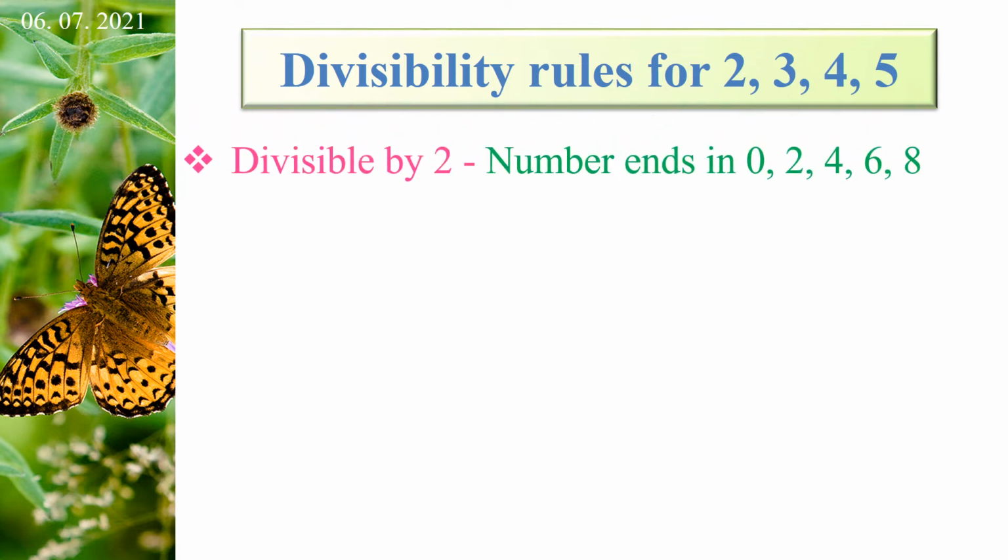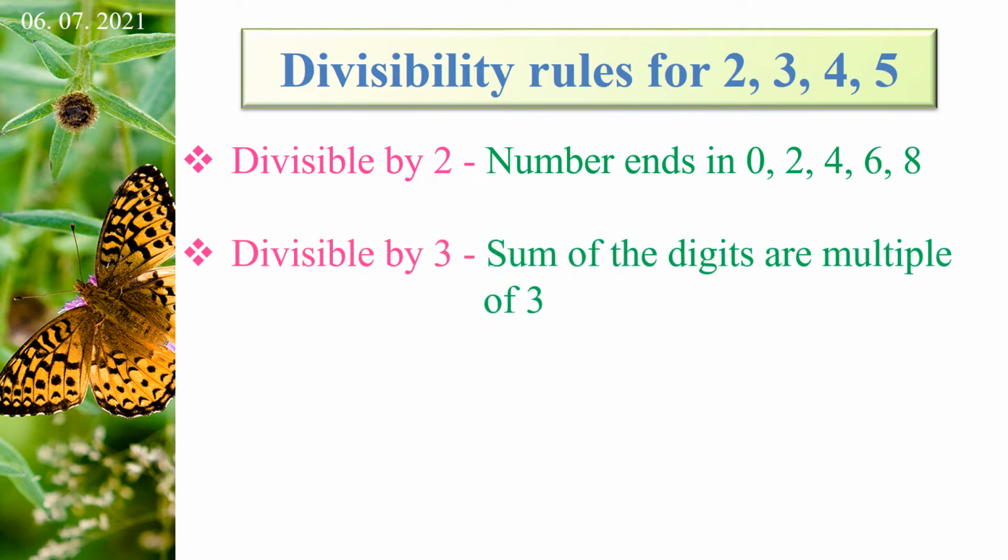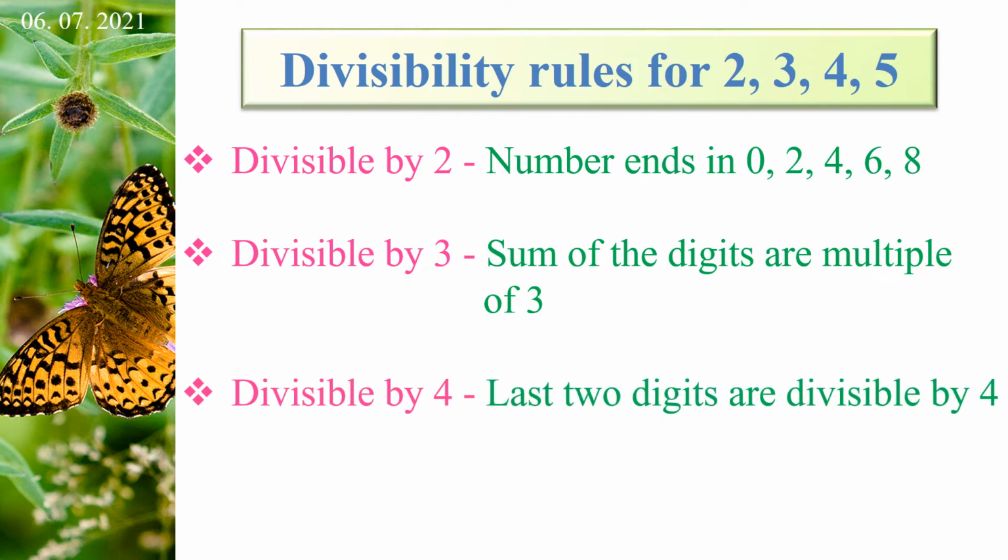A number is divisible by 2 if the number ends in 0, 2, 4, 6 or 8. A number is divisible by 3 if the sum of the digits is a multiple of 3. A number is divisible by 4 if the last two digits are divisible by 4.